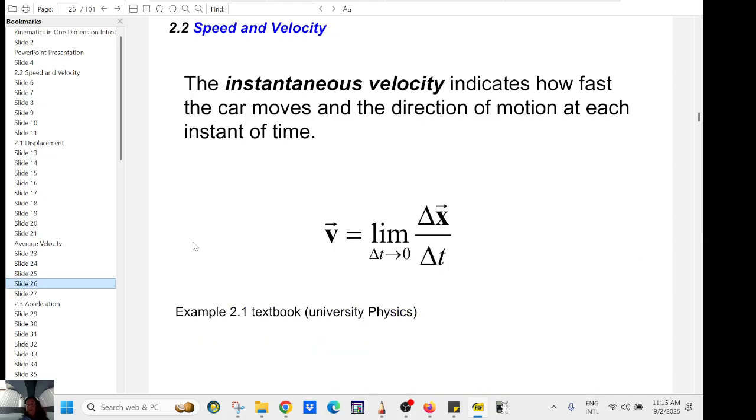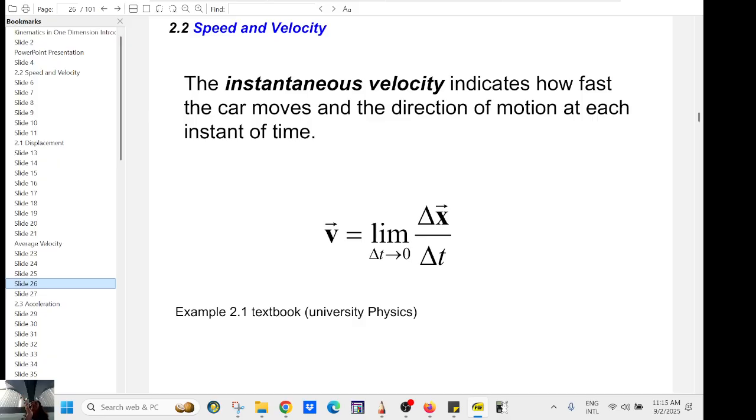Okay, and then we define the instantaneous. So let's go back. Okay, that was for the fun. Instantaneous velocity is the velocity at a given time. So it's not between two points, it's at a given time. It's like in a car, you have the speedometer, so it's at a given time.